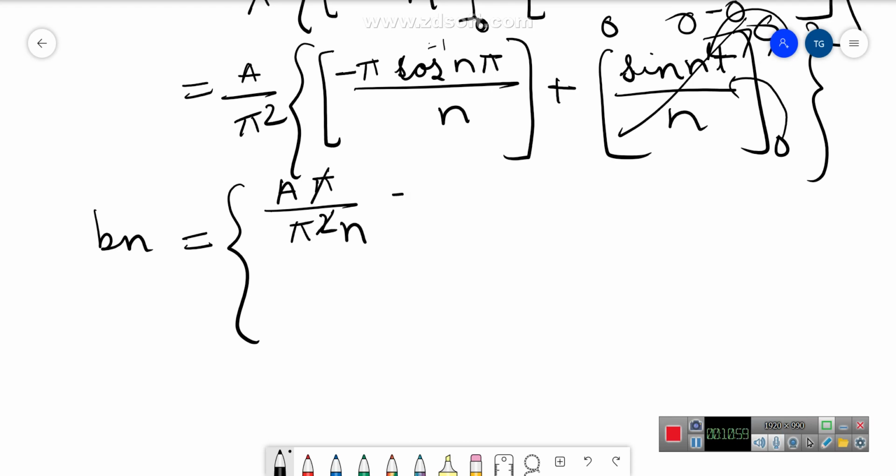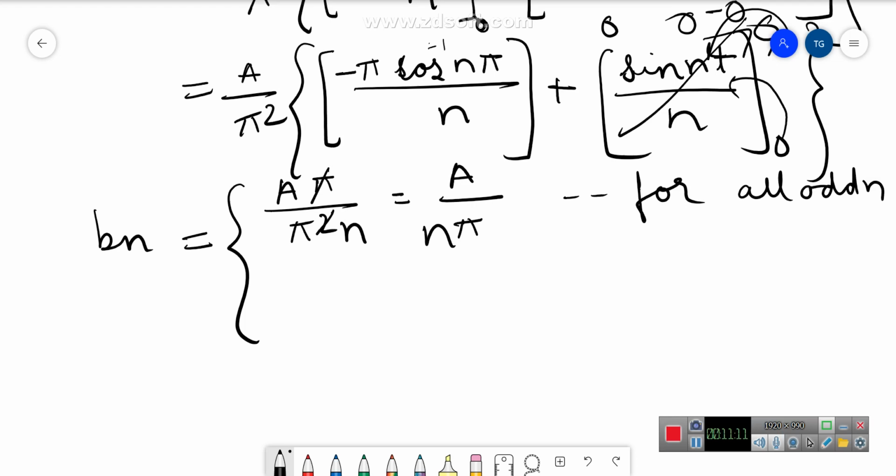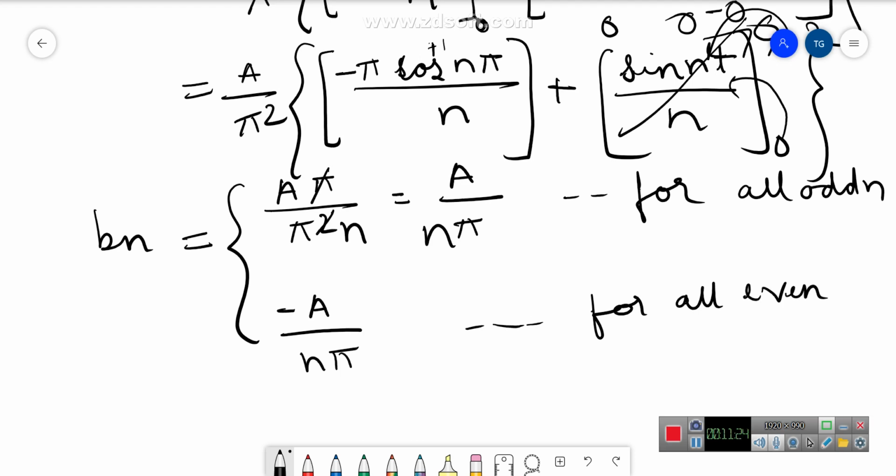The pi squared gets cancelled, which is equal to A by n, right? And for all odd n this is the value, and for even n we have plus 1, so this will become minus A by n pi for all even n.